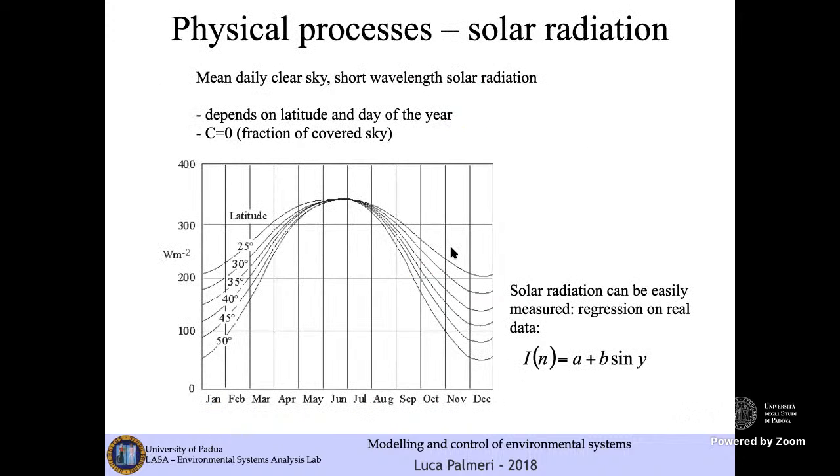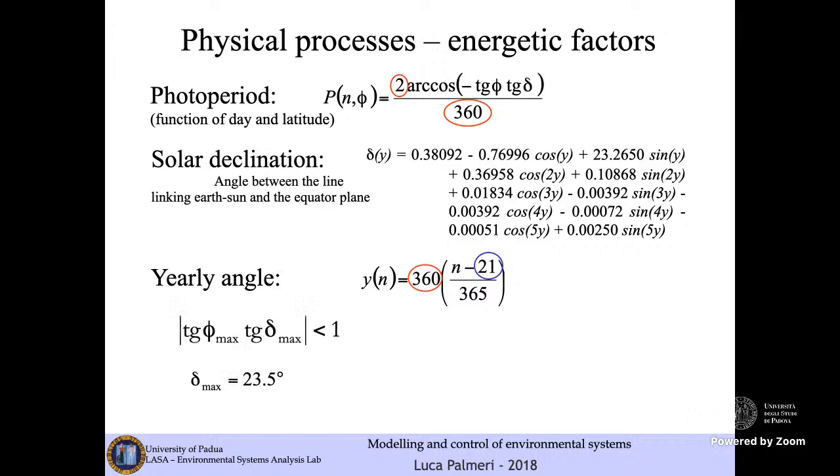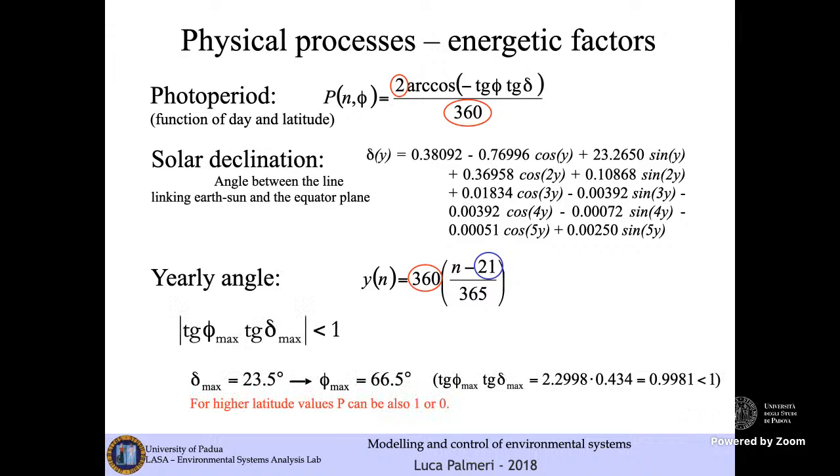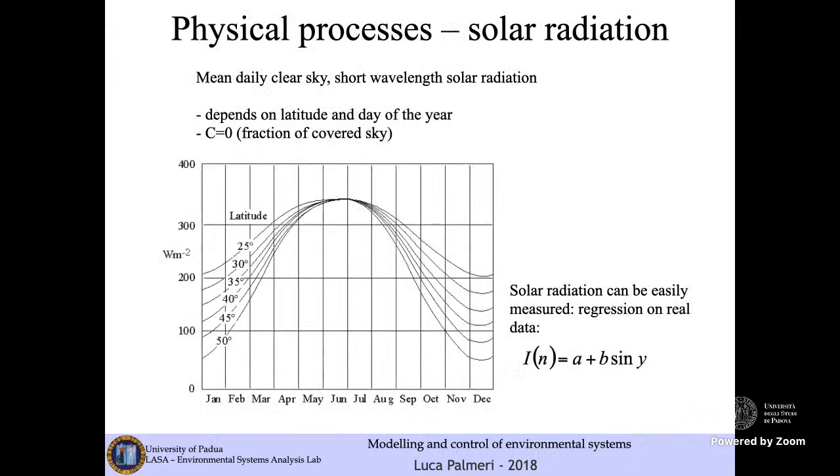The model that we have seen here may be plotted. This sinusoidal model may be plotted, and we obtain a plot like this one. In this case, we plot the quantity of solar radiation, the density of solar radiation flowing in different periods of the year, depending on different latitudes.